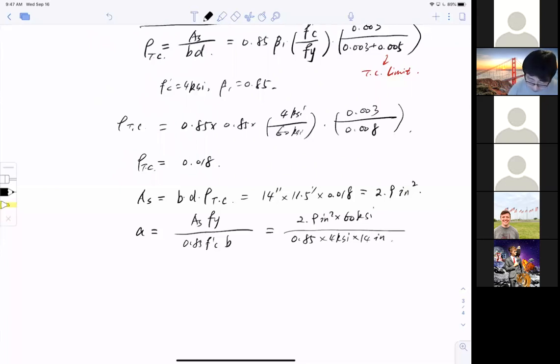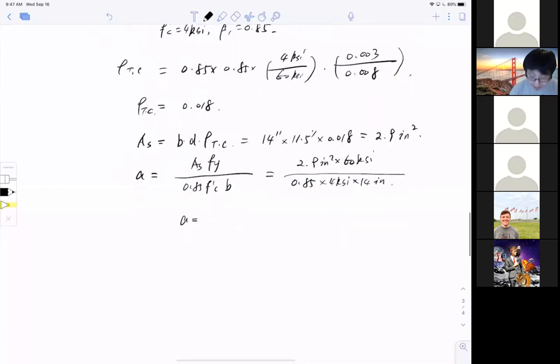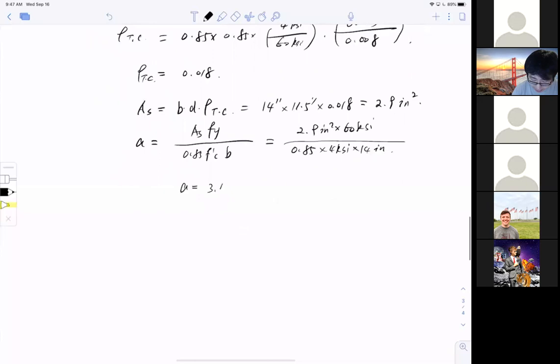Eventually my effective compressive zone a equals 3.66 inch. With that, I will proceed without any check and balance. This is not a full design of a singly reinforced section. It's just a quick check.